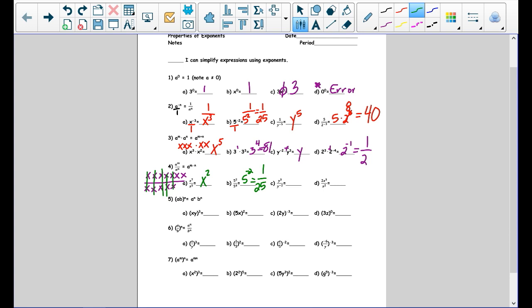So here I have my y's. 3 minus negative 2. Minus negative becomes what? Plus. So 3 plus 2 gives me 5. So y to the 5th.